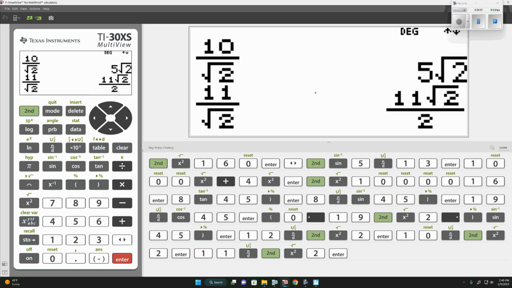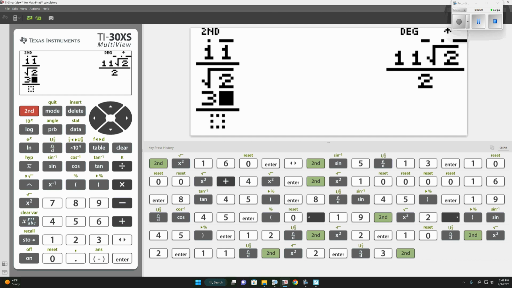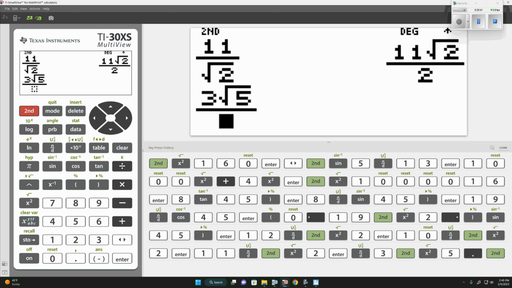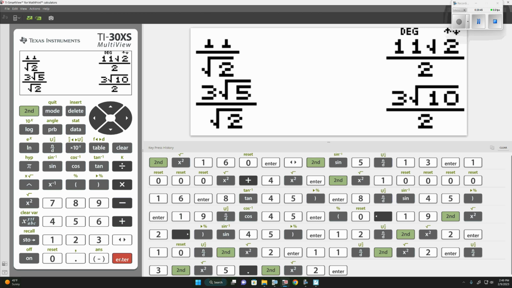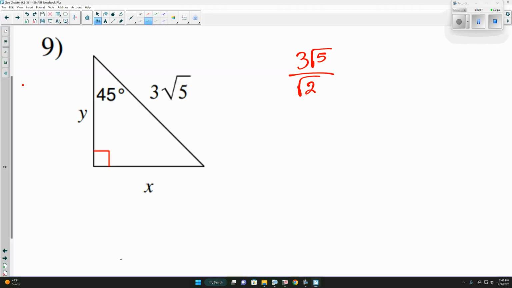So we can say 3 square root of 5 over square root of 2 and get 3 square root of 10 over 2.